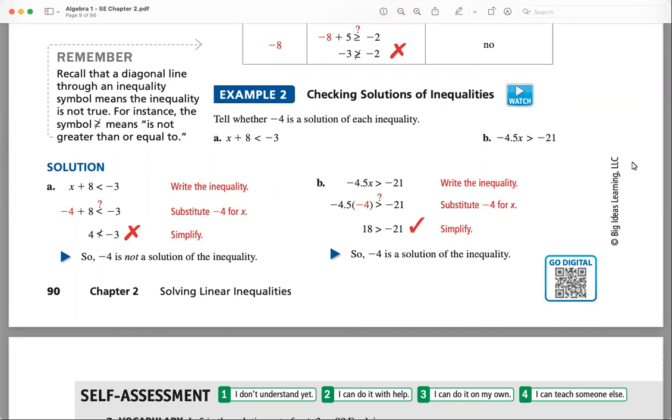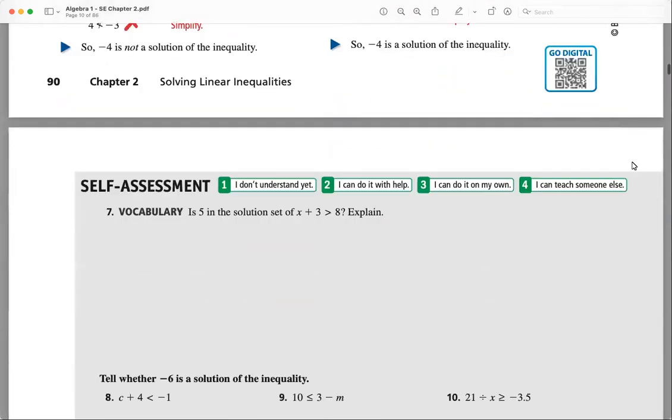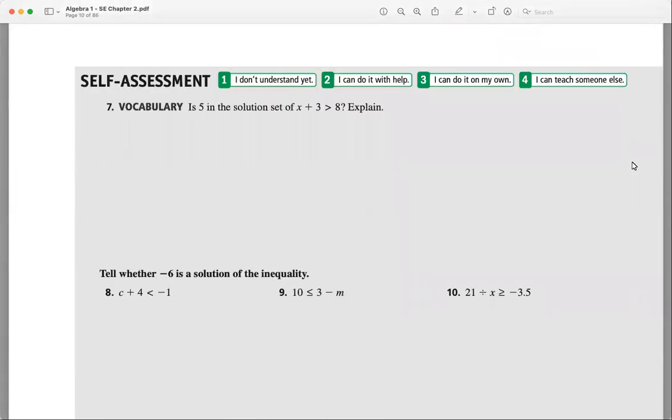Okay, so now let's go to the next page, page 91. Let's go ahead and work these examples, 7 through 14. It says, is 5 in the solution set of x plus 3 greater than 8?